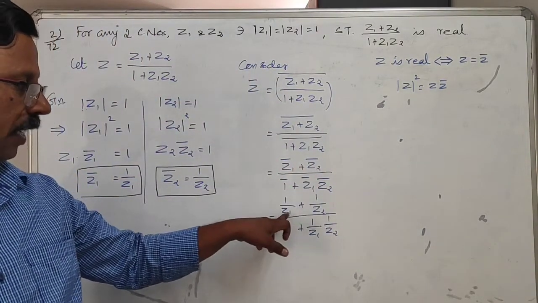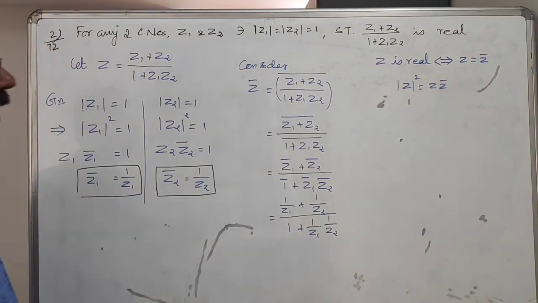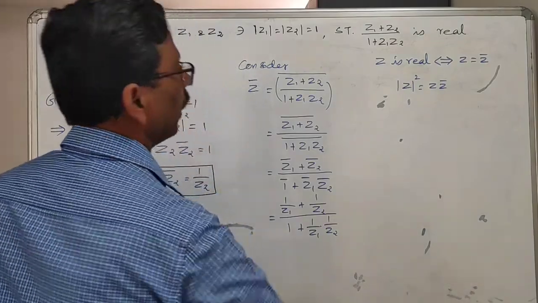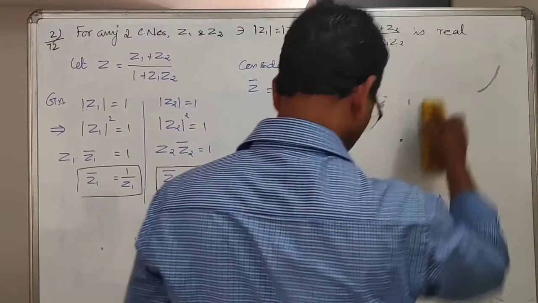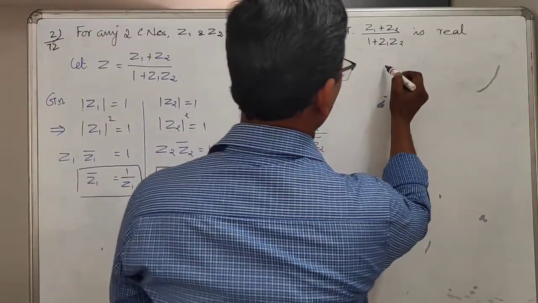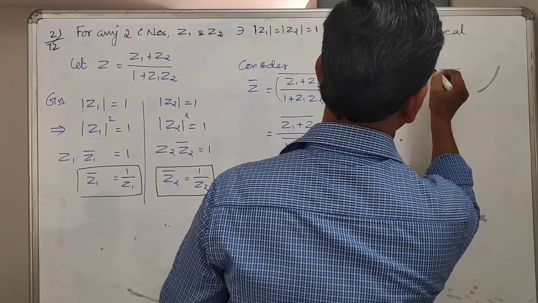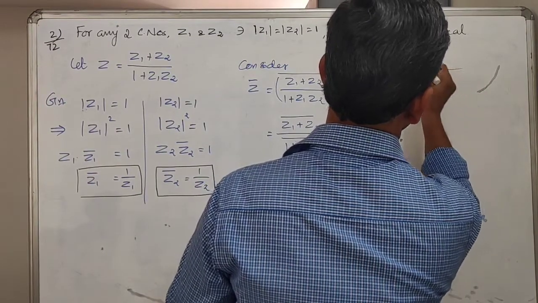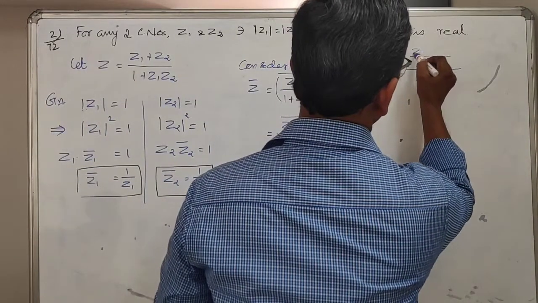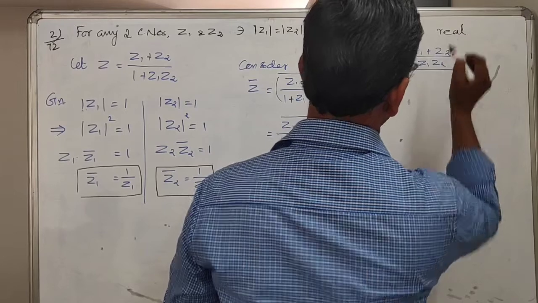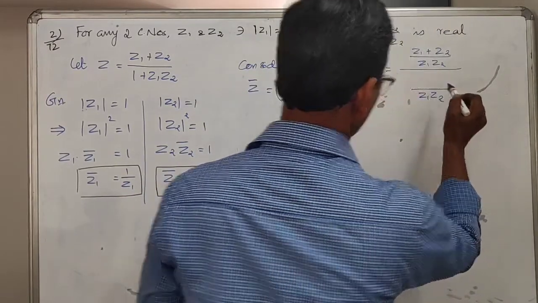Just we have to simplify. The LCM for numerator is Z1 Z2. Similarly, denominator is also what? Z1 Z2. Therefore, here you can write, I am going to rub these things. Now, which is equal to, for numerator, the LCM is Z1 into Z2. Then, just we can add Z2 plus Z1. That can be written as Z1 plus Z2 by. For denominator also LCM is Z1 into Z2.